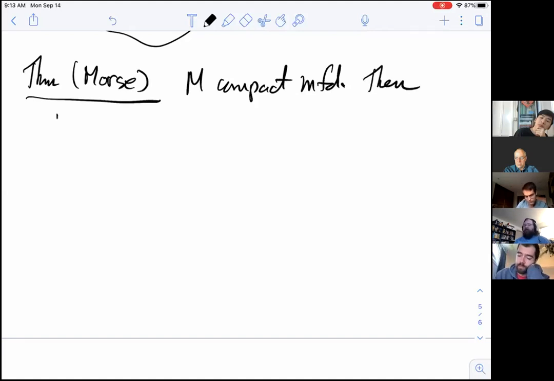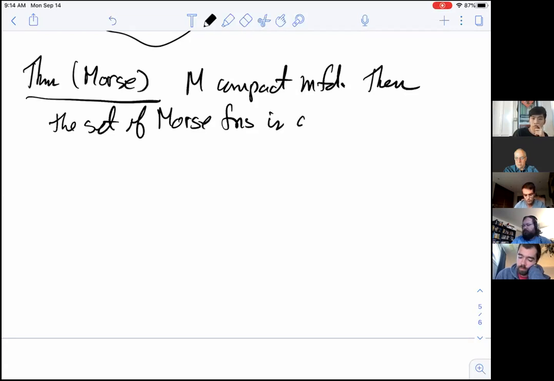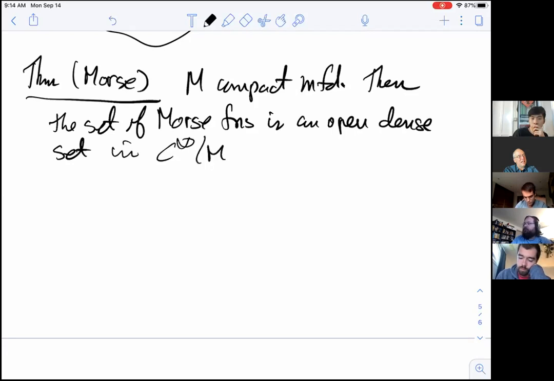Then the set of Morse functions is an open dense set inside C infinity, in this space of C infinity functions. So there are Morse functions, and you can approximate by an arbitrarily small deformation any C infinity function by a Morse function.